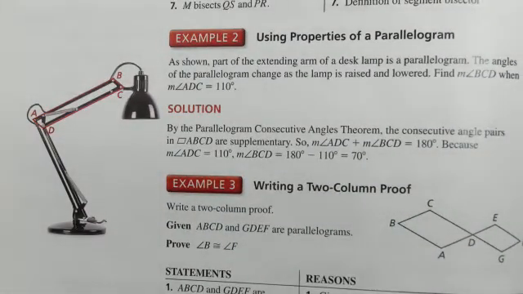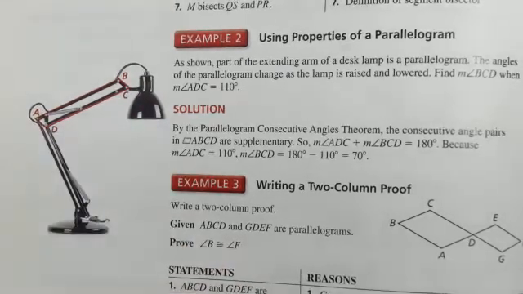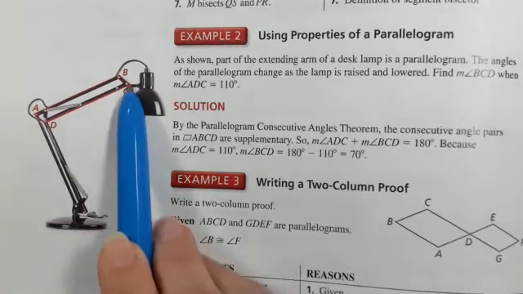It says, as shown, part of the extending arm of a desk lamp is a parallelogram. Right here, the spread part, A, B, C, D. The angles of the parallelogram change as the lamp is raised and lowered. Find the measure of BCD.